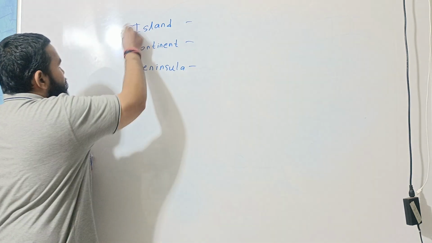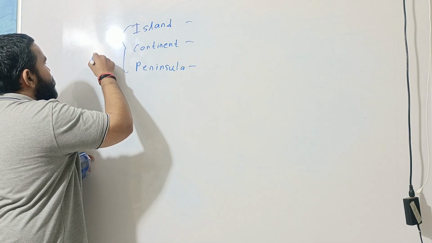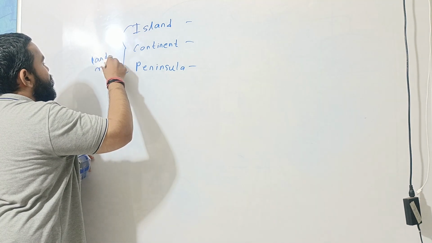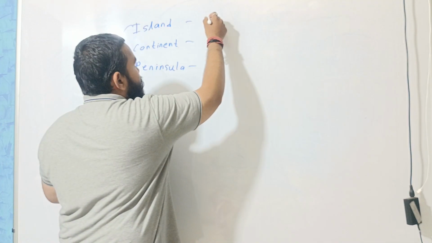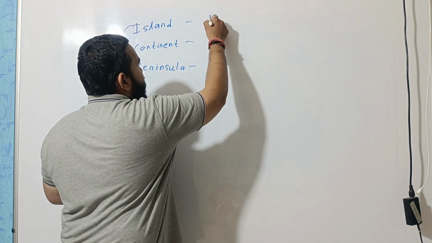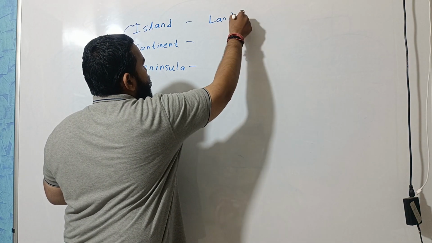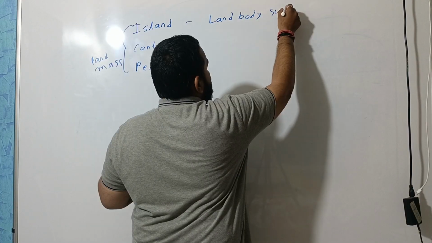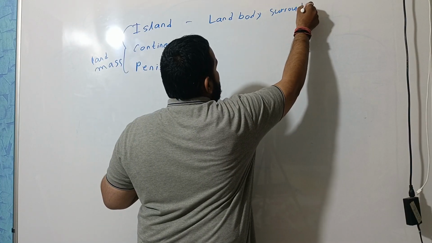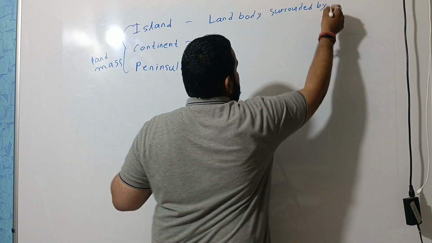These three are nothing but landmasses. An island is nothing but a land body surrounded by water.